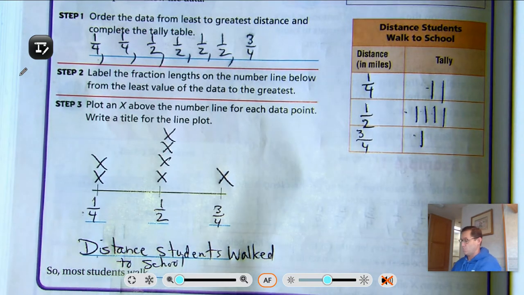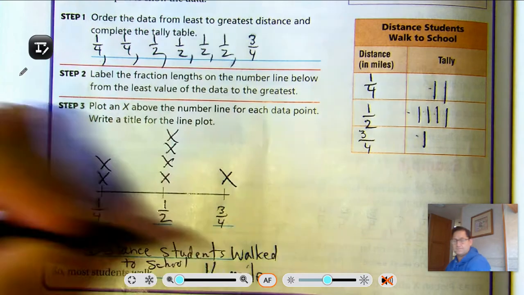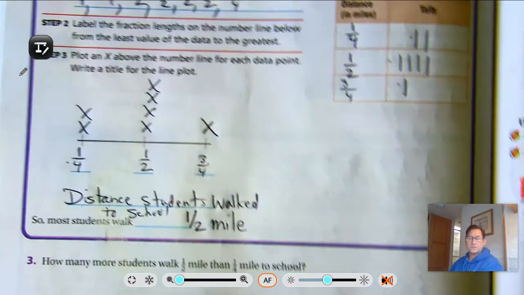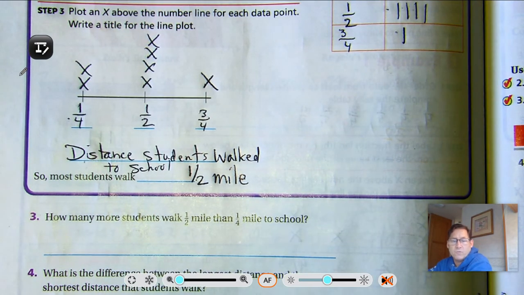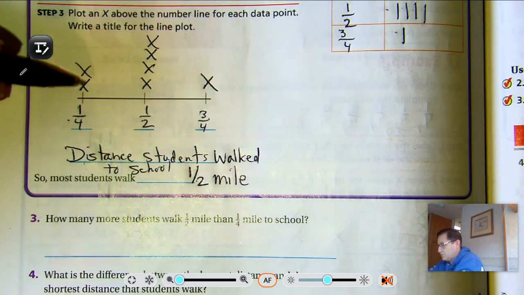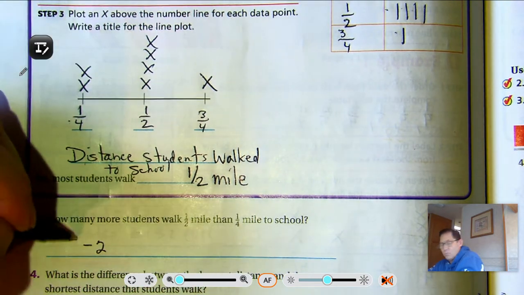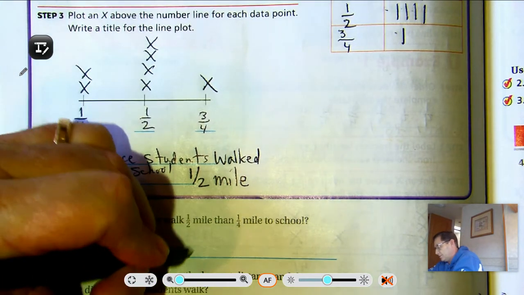So most students walk a 1/2 mile. How many more students walk a 1/2 mile than 1/4 mile? Well, there's 2 students that walk 1/4. There are 4 students that walk a 1/2. So 4 take away 2, 2 more students.